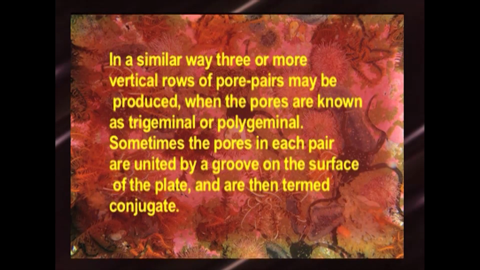In a similar way, 3 or more vertical rows of pore pairs may be produced. When the pores are known as trigeminal or polygeminal, sometimes the pores in each pair are united by a groove on the surface of the plate and are then termed conjugate.